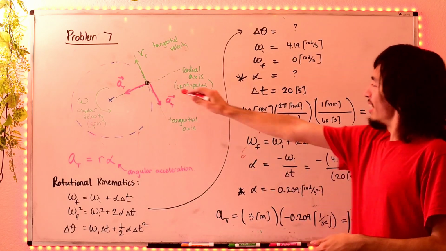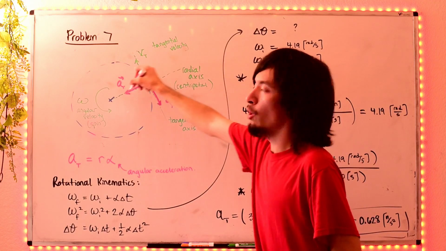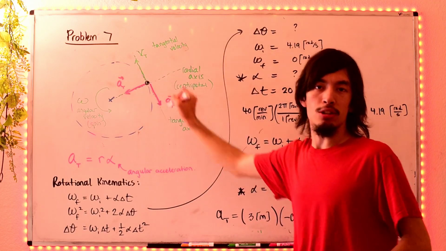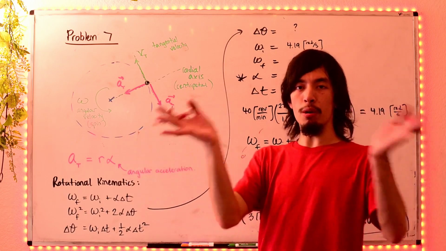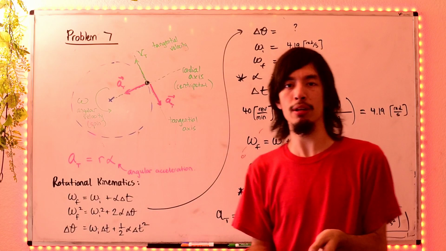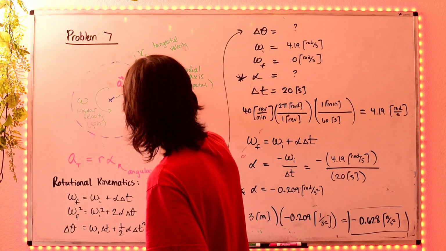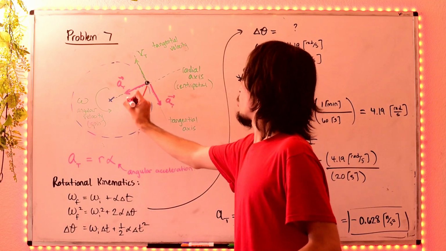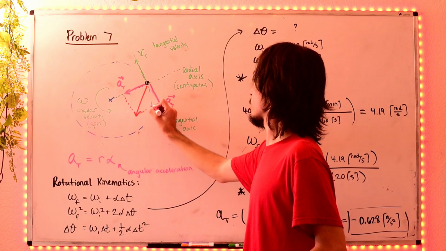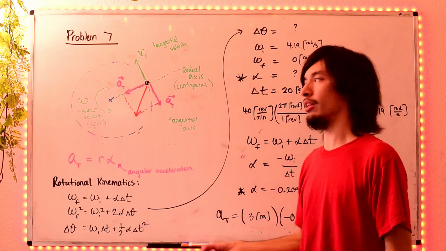So in this setup, putting them together would imply that you have one component and another component, and when you want to put two components together that are in completely different axes, you have to do Pythagorean Theorem. So if you wanted to do a hypothetical question where it asks for the total acceleration, you have to split it into components, which it's already split for you, and you just do Pythagorean Theorem with those two components.